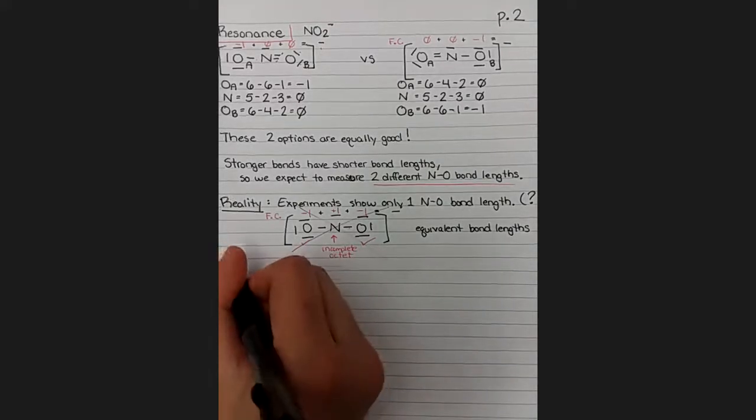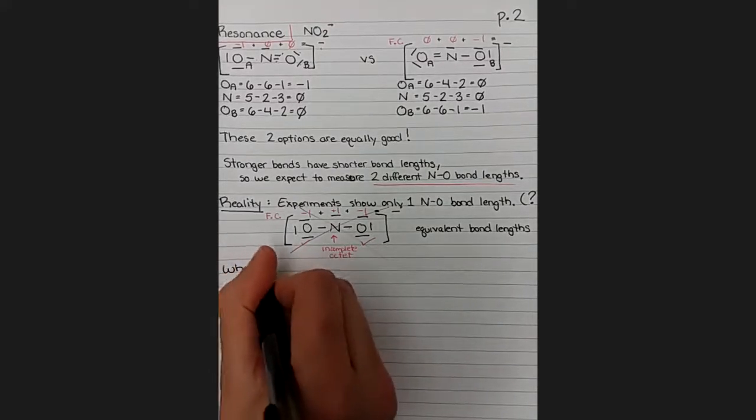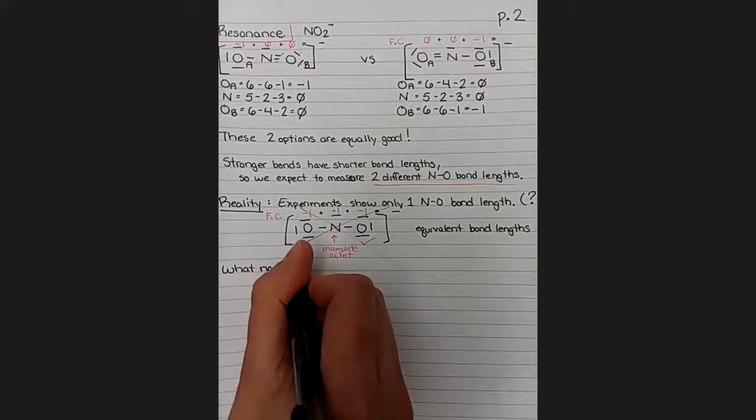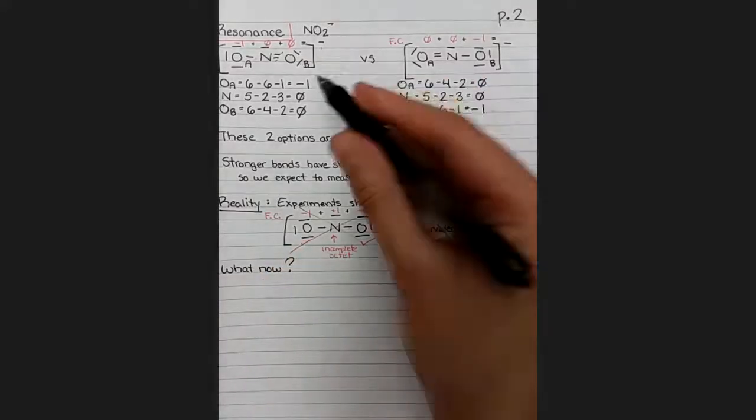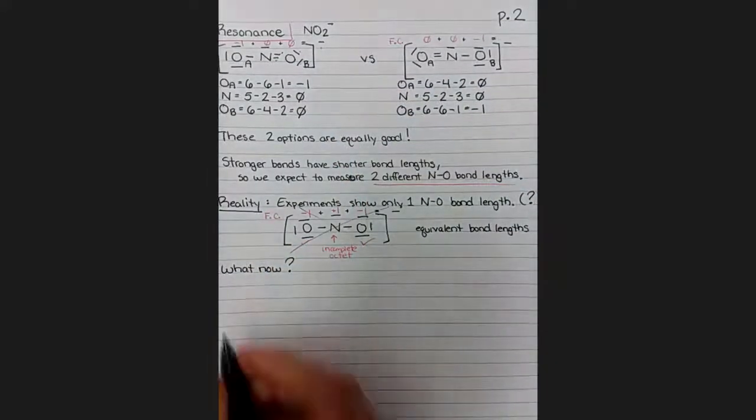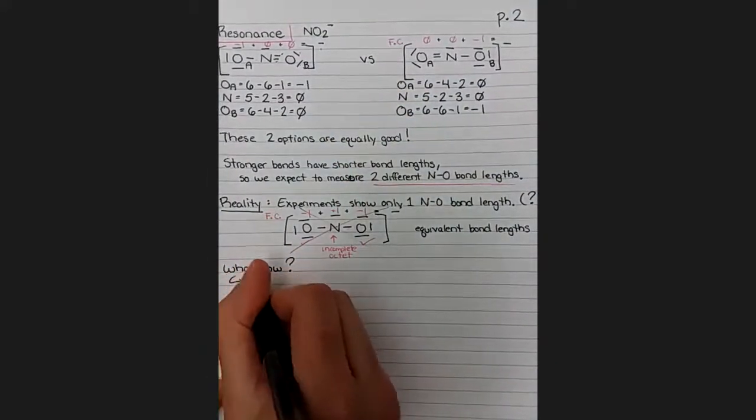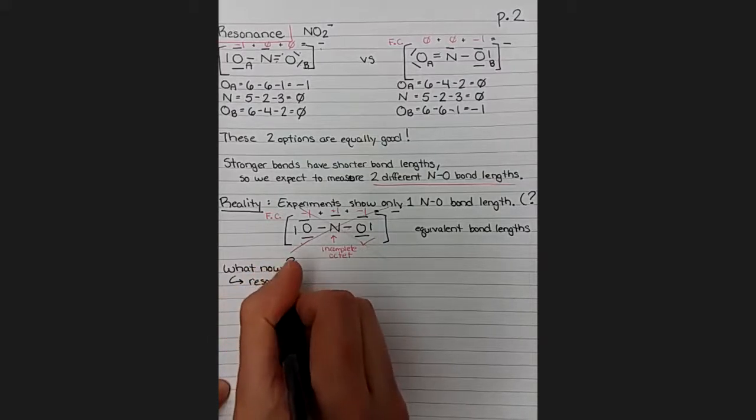So now what are we going to do? How can we justify our experimental evidence with these Lewis structures that we happen to like an awful lot? The answer here is resonance.